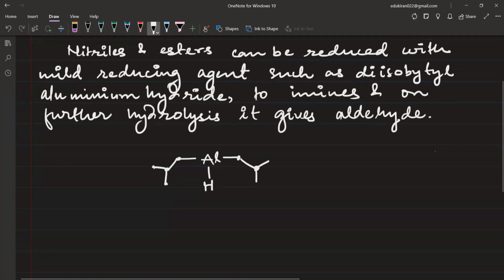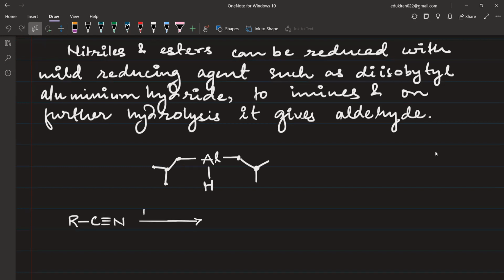And what does it do? It reduces nitriles RCN to, first of all, imine. Imine is again the same thing, R CH double bond NH, and then on hydrolysis it is further reduced to RCHO.